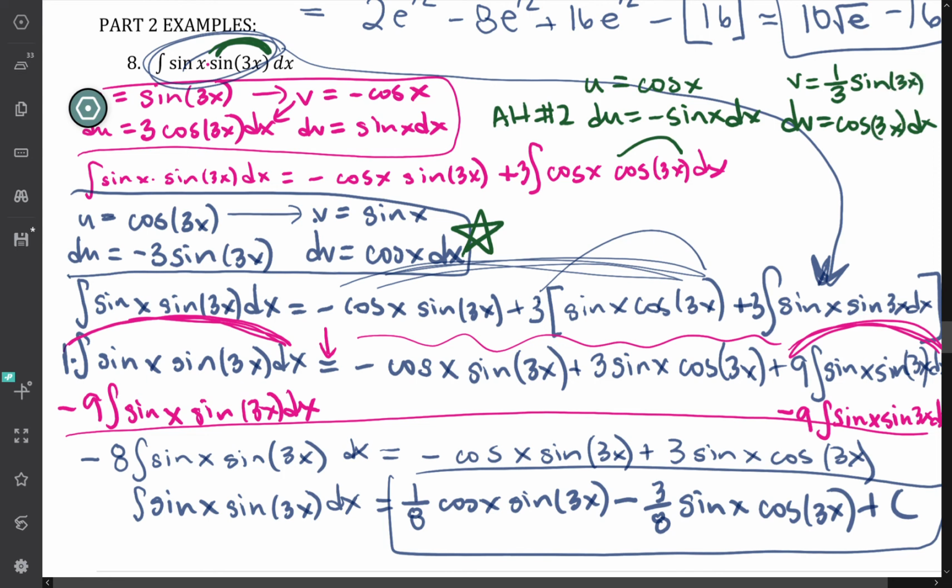Okay, so this looks fine so far, but here's what happens when we move down to this step right here. This is after number 2. The negative cosine x, this is the same.